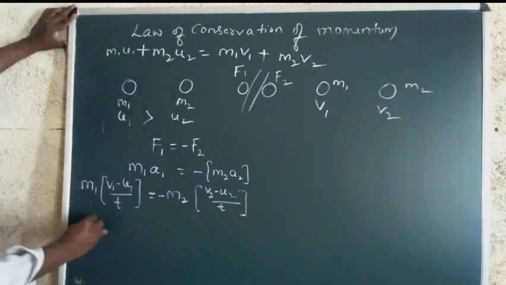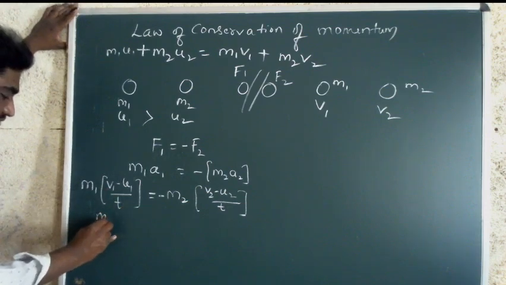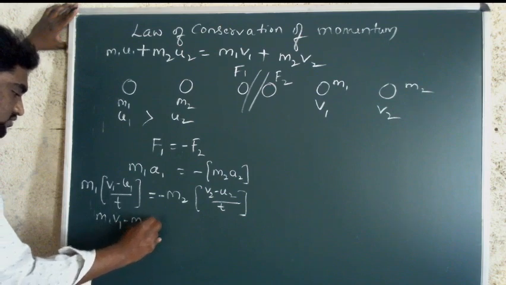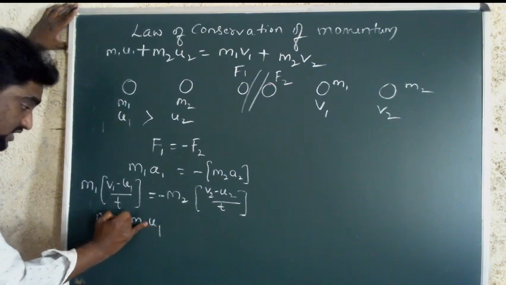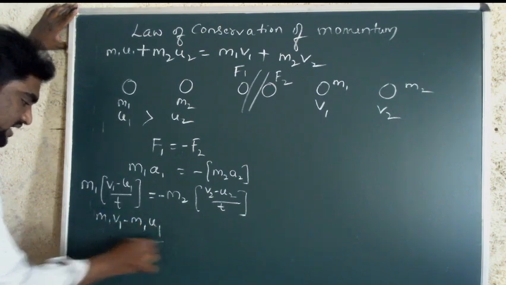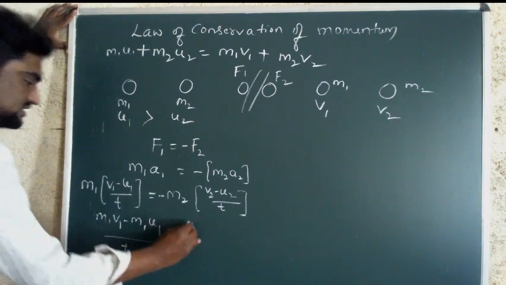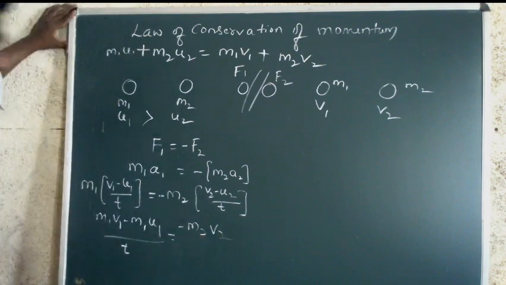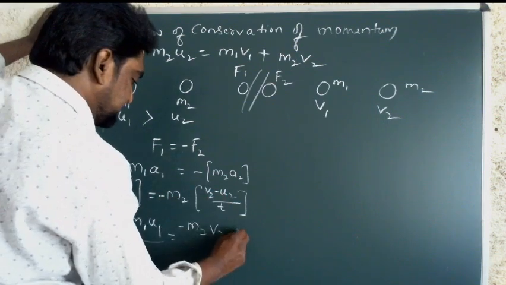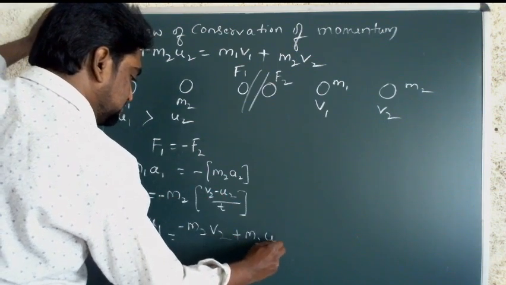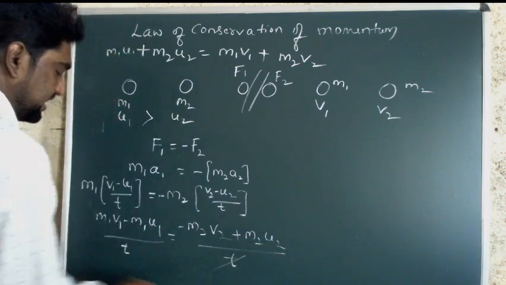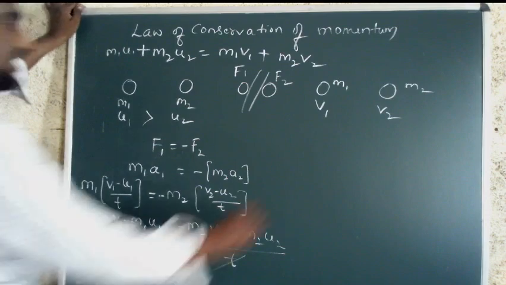Now multiply this: m1 v1 minus m1 u1 by t is equal to minus m2 v2 minus, minus into minus plus m2 u2, whole divided by t. I can cancel t and t in the denominator.